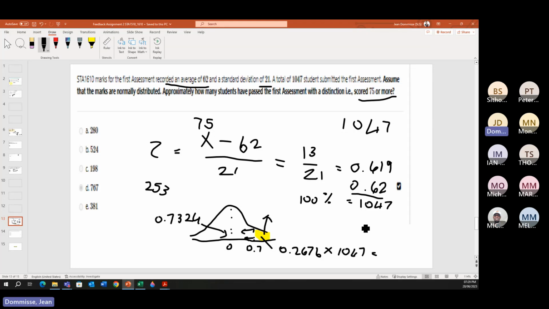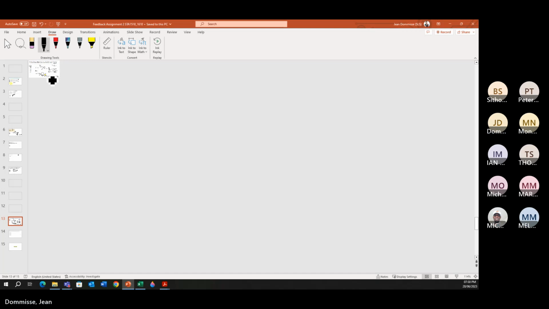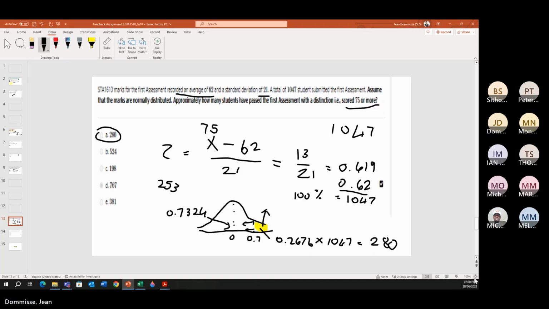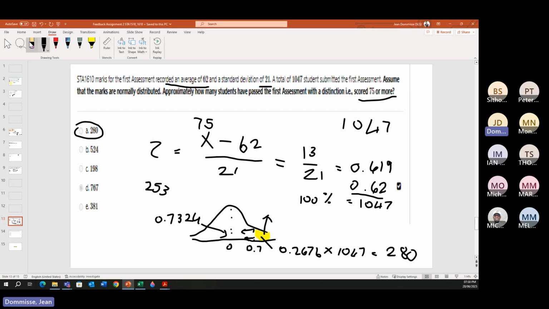That times 1047 gives us 280, which is option 1. Okay, which is option 1, I think.